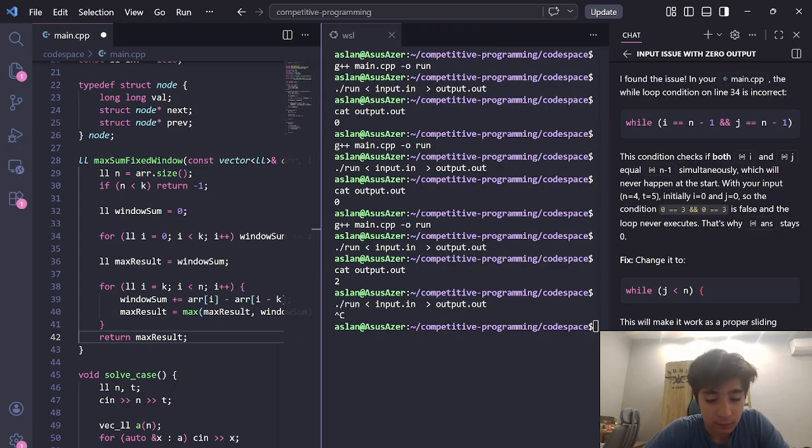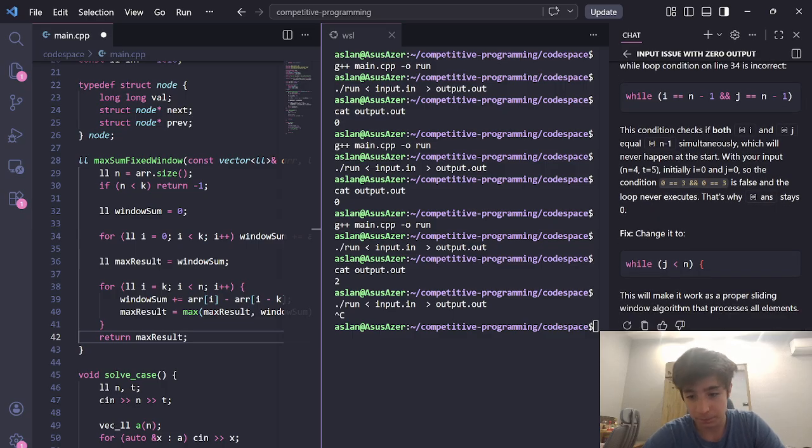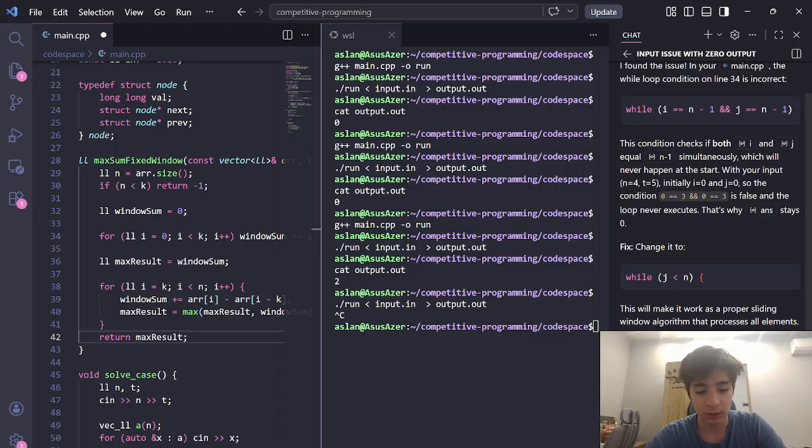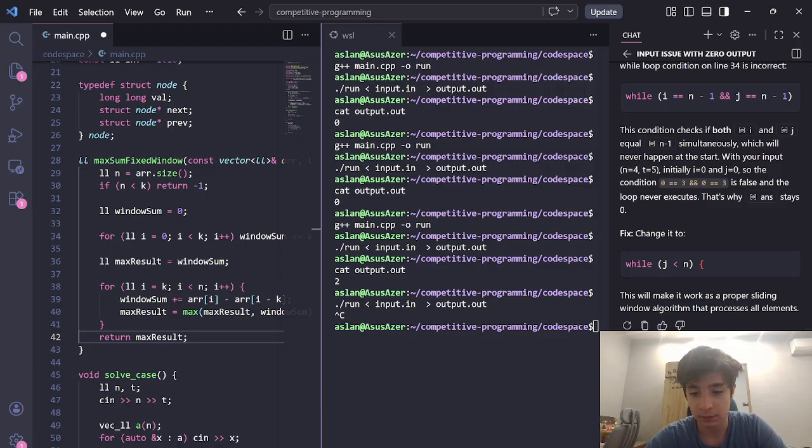To my max sum fixed window, some fixed window, that is going to return the max count of elements that the sum is less than t.